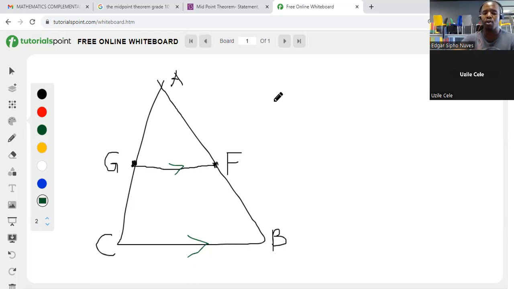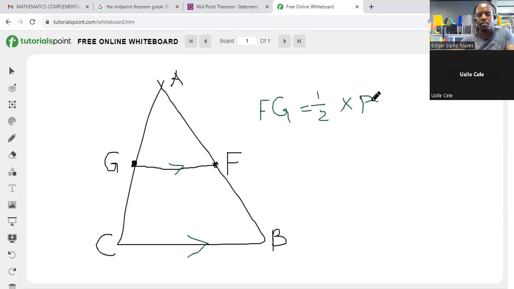But it also says that FG is actually half of BC. That's what it says. So it says two things.